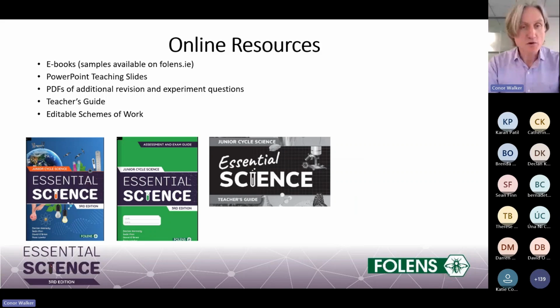To speak a little bit more just about the online resources, I know that Declan, Sean and David mentioned specifically a lot of the things related to the print resources, but in addition to that, we've also got a wide range of online resources as part of the teaching package. So that includes things like ebooks, where we have samples available on folens.ie if you want to take a look at the books.